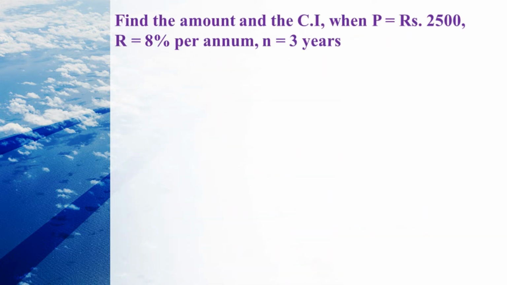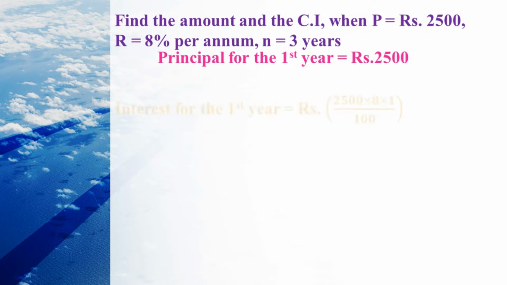Children, already you learnt how to find the compound interest without using the formula. Now let's recall. Find the amount and the compound interest when P is rupees 2500, R is 8% per annum, and n is 3 years. Principal for the first year is rupees 2500. Now to find the interest.